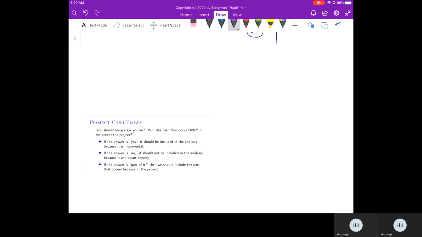So the question is, how do we determine the relevant cash flows? To determine what cash flows are relevant for the capital budgeting analysis, we should always ask ourselves, will this cash flow occur only if we accept the project? Here I emphasize the word only.